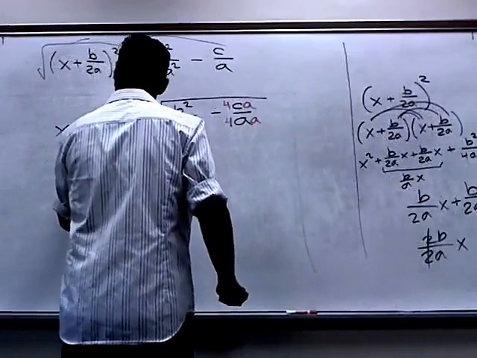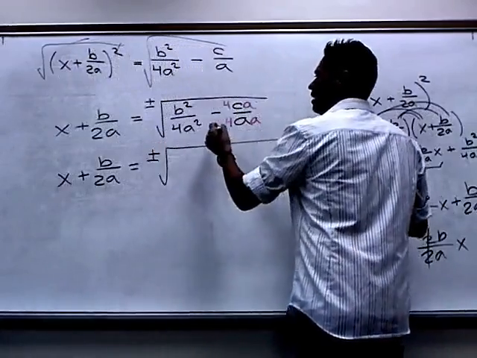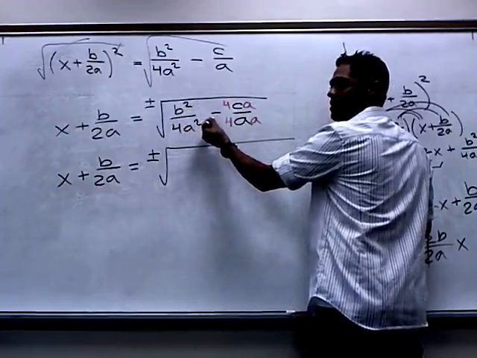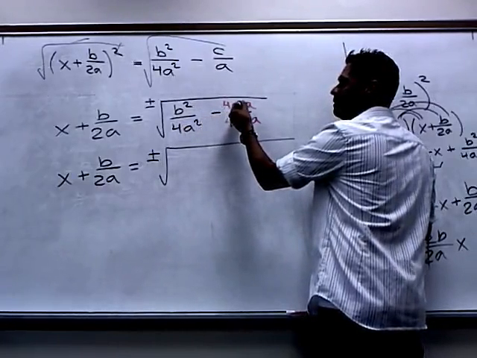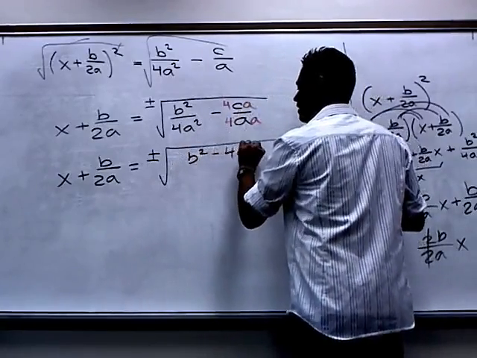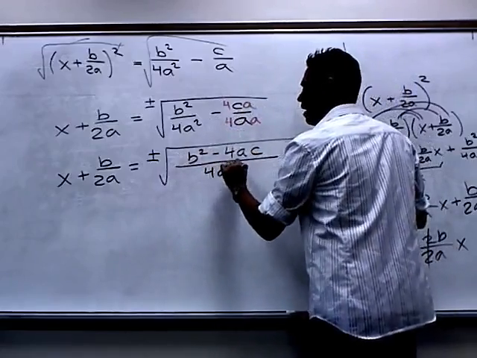X plus b over 2a equals plus or minus the square root. Since they have the same denominator, wouldn't it be b squared minus 4ac, all over the common denominator, 4a squared.